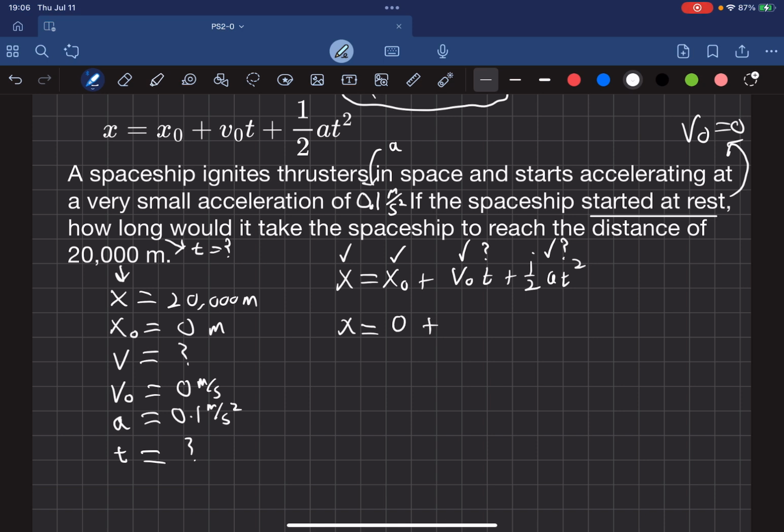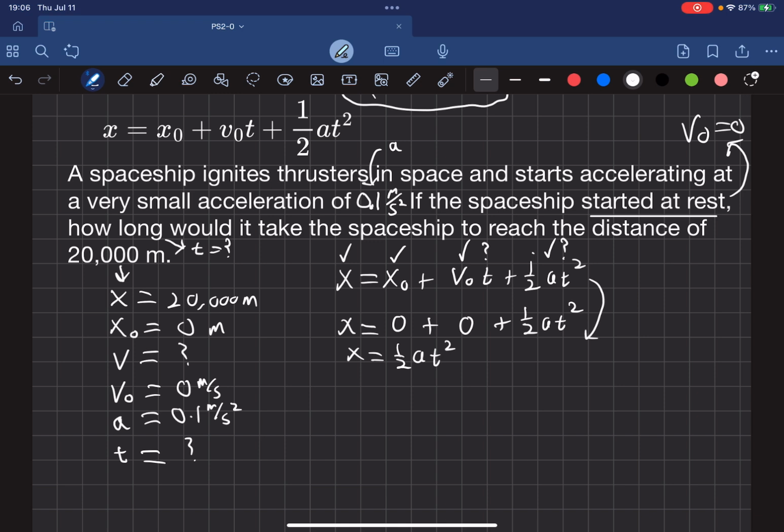The initial velocity is 0, so 0 times time is still 0. And then we have the 1/2 acceleration time squared. So this equation just becomes x is equal to 1/2 acceleration time squared. That's it. So you can see how plugging in zeros anytime you have a value of 0 can really help simplify a problem down.